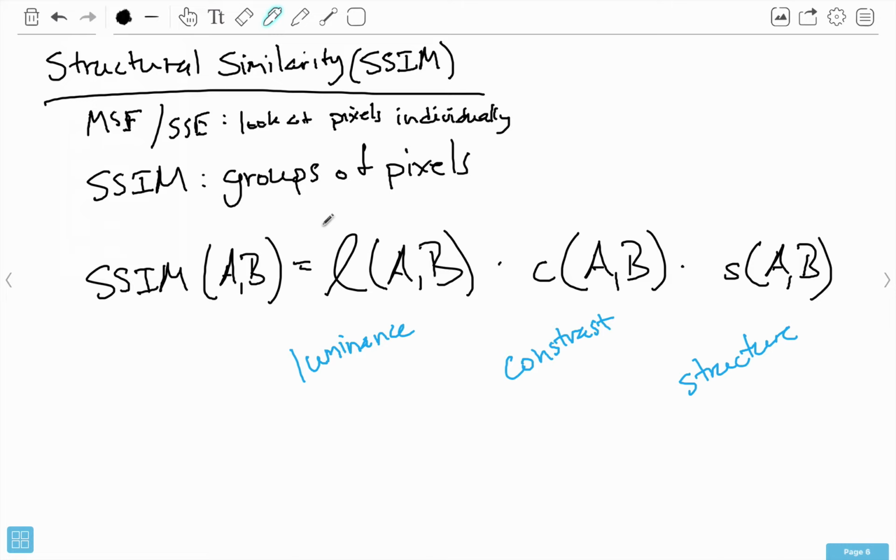We look at the histogram, the averages of pixels, and the spread of a group of pixels, and all of these measurements use statistics to determine similarity. We get a better idea of the difference between the images.